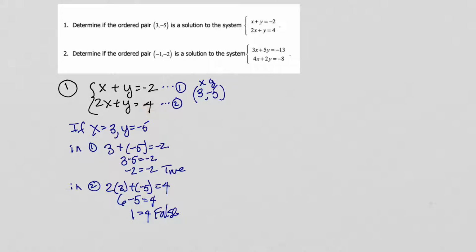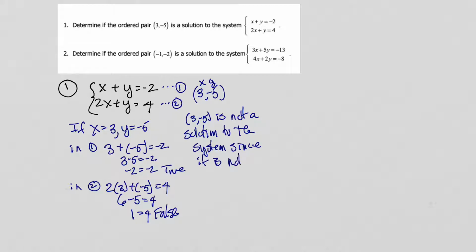So I think what we should say here is this. Let's make a statement. Let's say that 3, negative 5 is not a solution to the system, since it is not a solution to at least one of the equations.